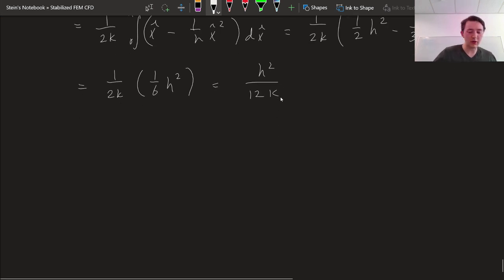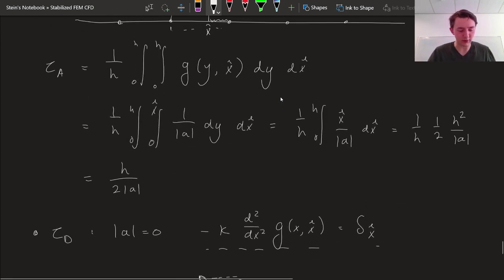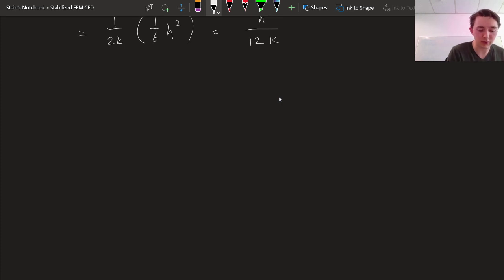So now we somehow have to combine these two approximations into one expression, right? So we have the tau d and tau a as a usable expression for tau, and the thing that we tend to do is we're going to approximate this as what we call a harmonic mean.